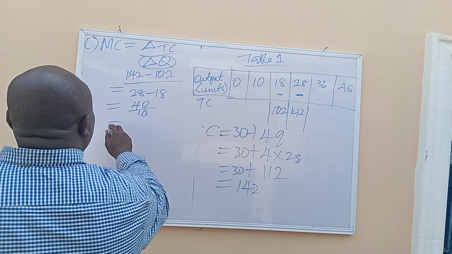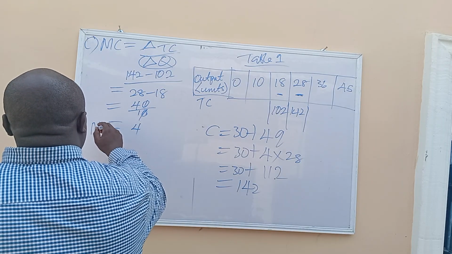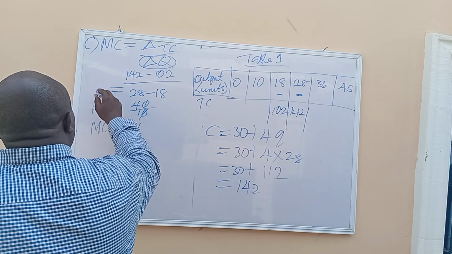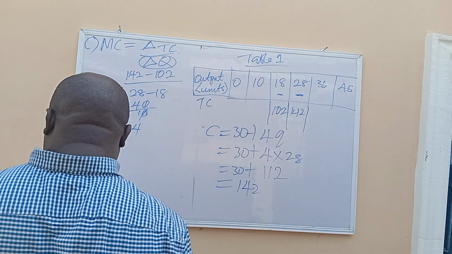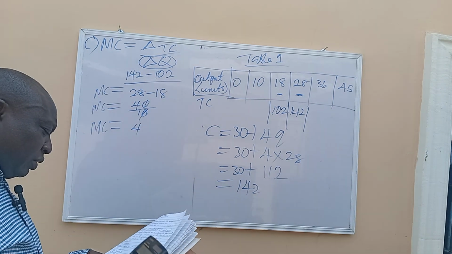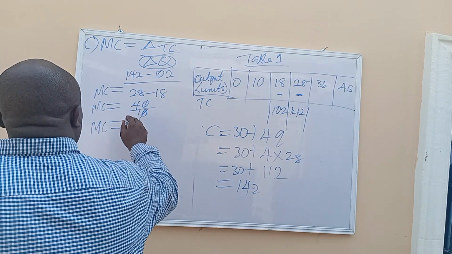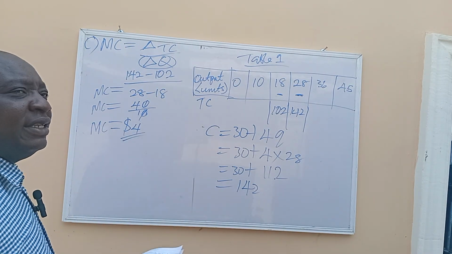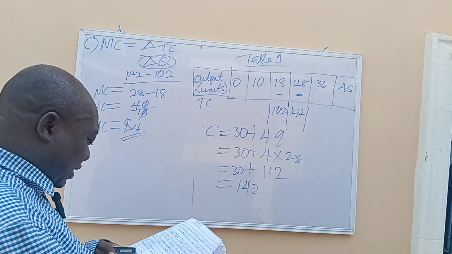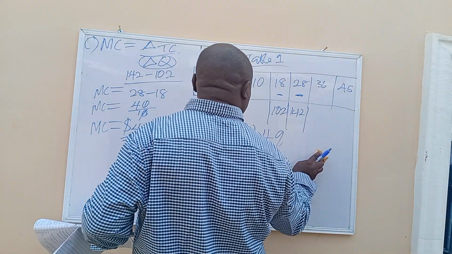Okay, so divide it to be 4. So the marginal cost is what? Is 4. Okay, question C says, what is the marginal cost in dollars of producing 28 units? That is the answer. So the last one, no, sorry, D, the one before the last.